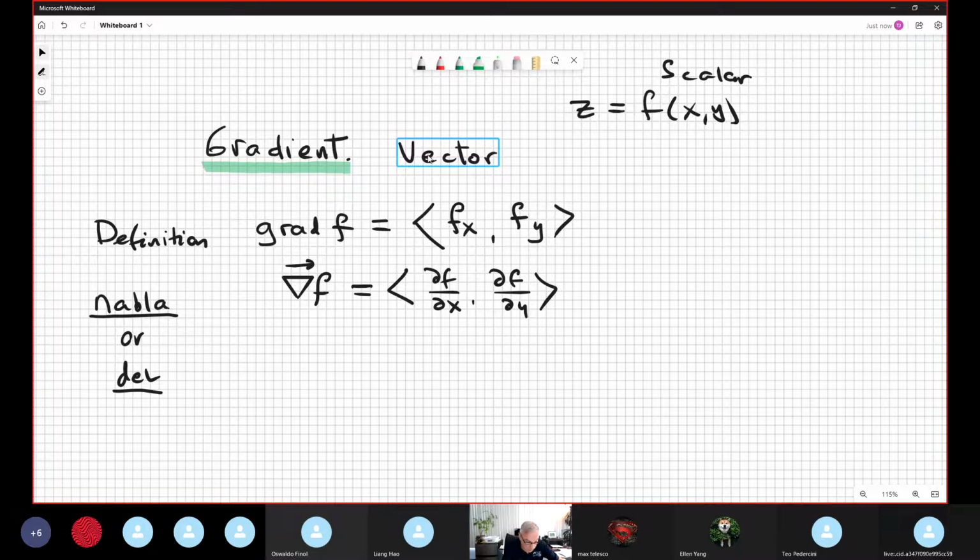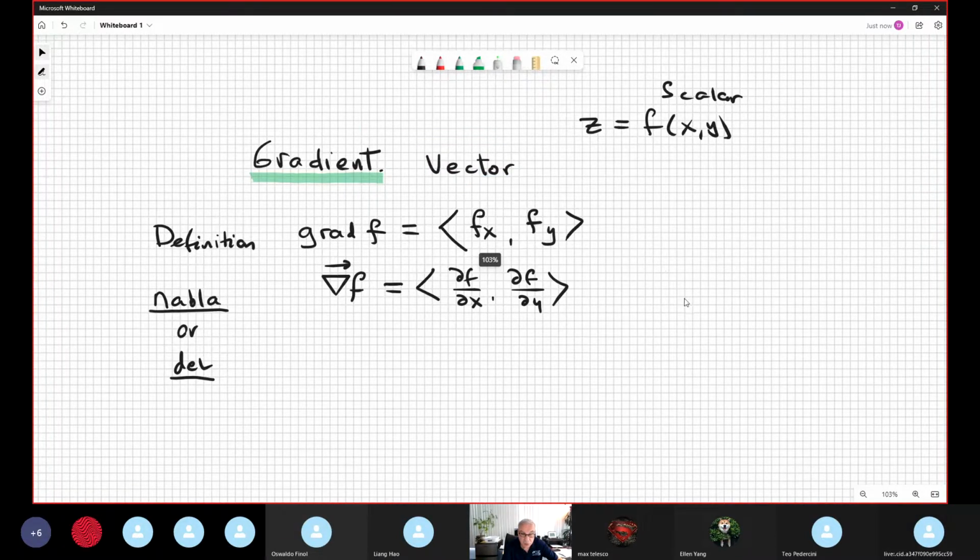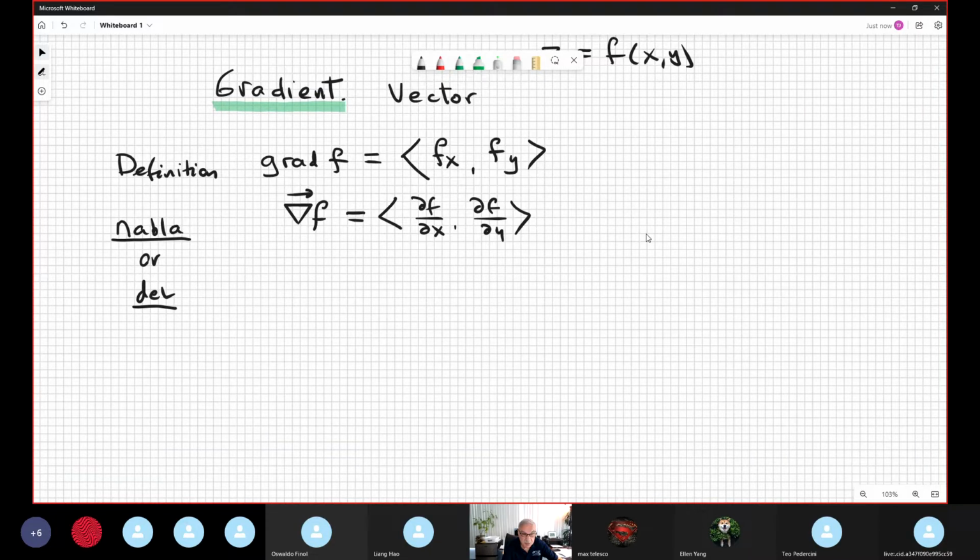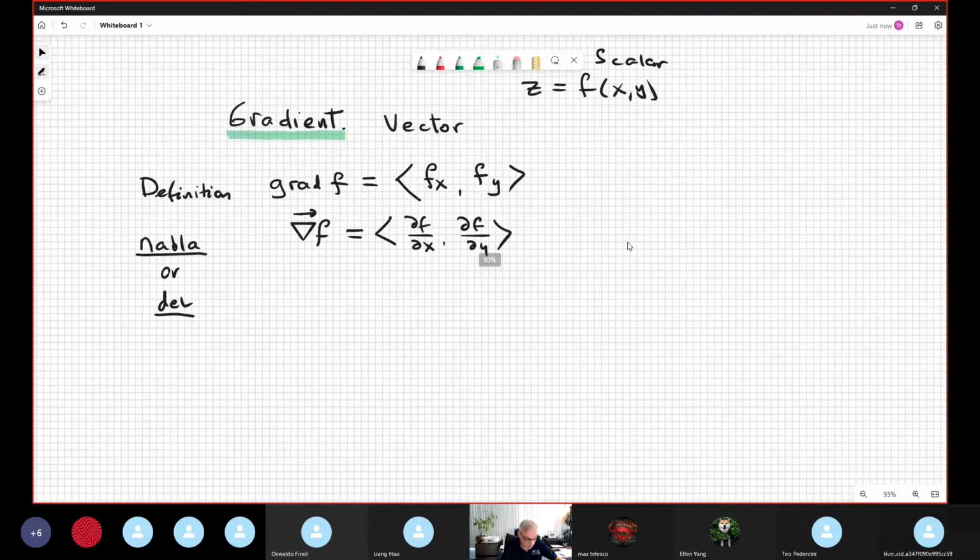Okay. Now, I want to prove an important property of the gradient. This vector is important and indicates something that I need you to understand. I suppose that you remember level curves very well. A level curve is when you suppose that the function is equal to a constant k, and k varies in value: 1, 2, 3, 4, 5, or not necessarily whole numbers, a real number like 2.5.